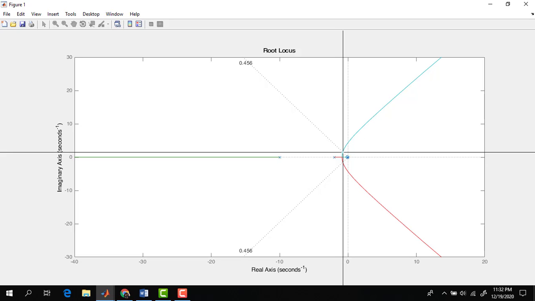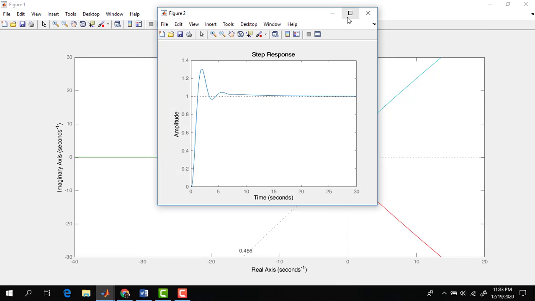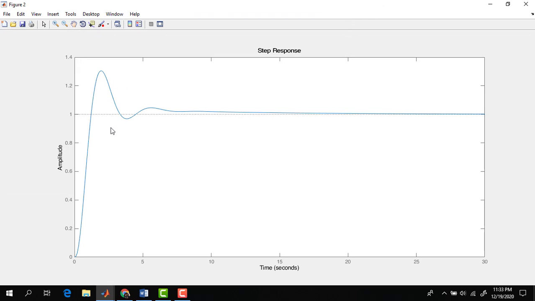I'm choosing this intersection point very carefully. Okay, so this one. As you can see, using the lag compensator hasn't actually done much, because as I said, the step response was already very perfect in terms of steady state error, so it hasn't done much.